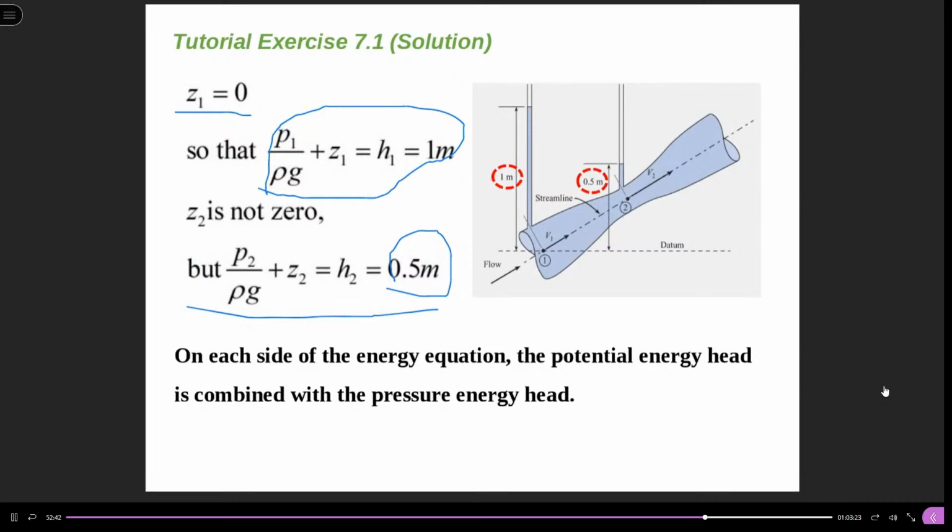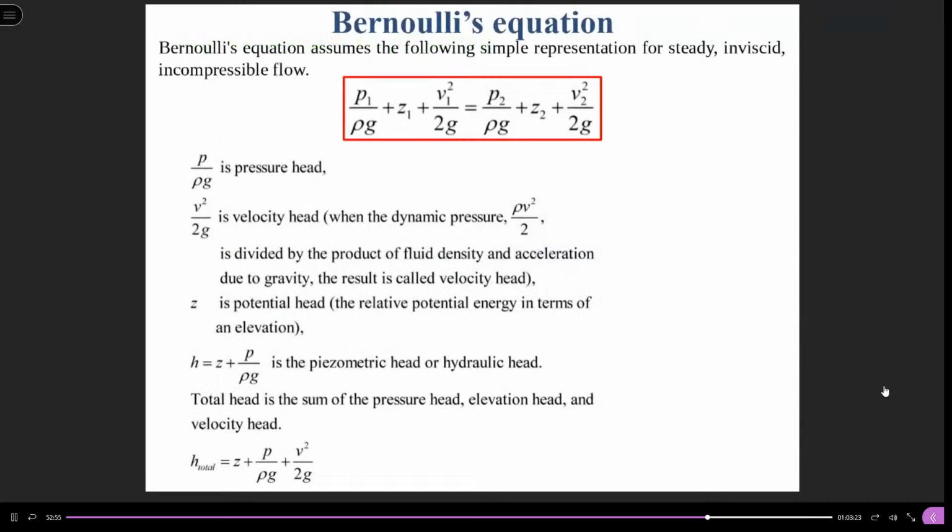This means on each side of the energy equation, the potential energy head is combined with the pressure energy head. Here, remember.